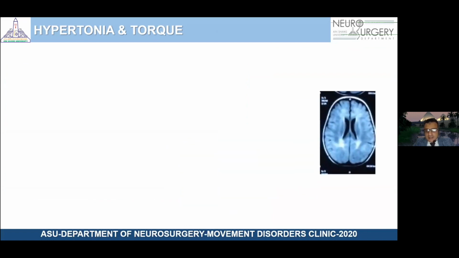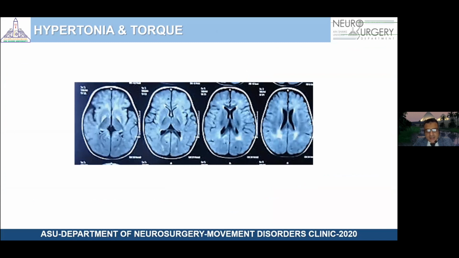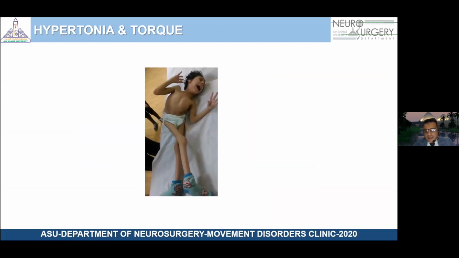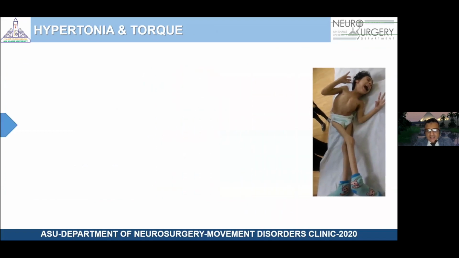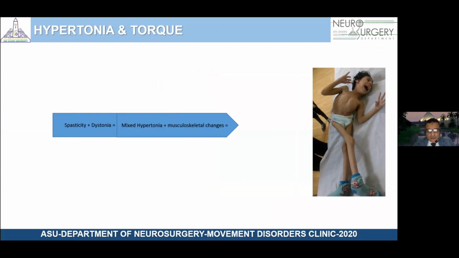if kept untreated. As neurosurgeons and functional neurosurgeons, we know that there are many pathologies either in the brain or spinal cord affecting the development and prognosis of hypertonia. In this kid with a generalized form of hypertonia, we can see the impact of spasticity and dystonia. If present together, it will be mixed hypertonia.